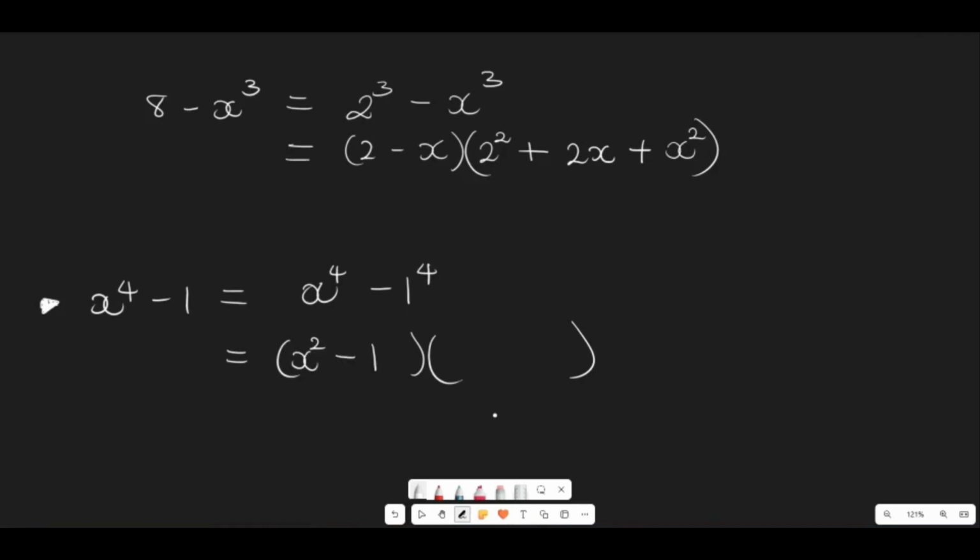To make it easier to understand, just write 1 squared. And then on the second bracket, we're going to say x squared again, and on the last bit we're going to say 1 squared. And since it's always positive, we're going to put a positive there.